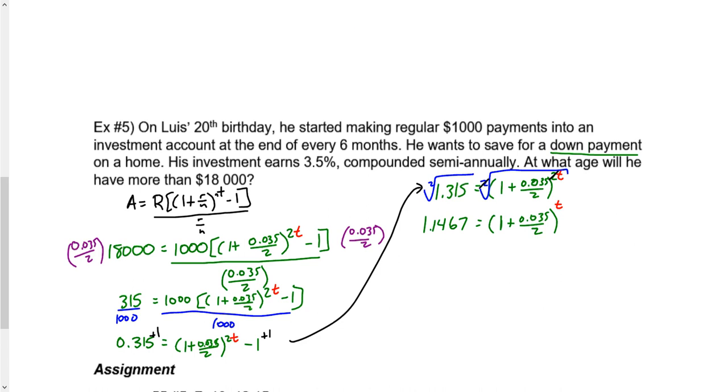Now let's just do a quick evaluation. Adding the 0.035 over 2 comes out as 1.0175. So we have 1.1467, and so on and so forth, equaling 1.0175 to the power of t.